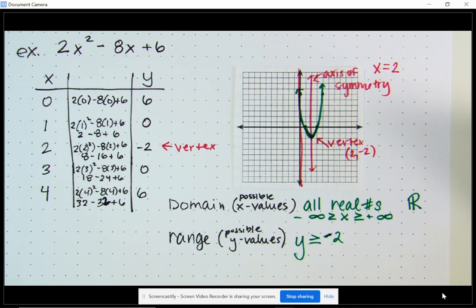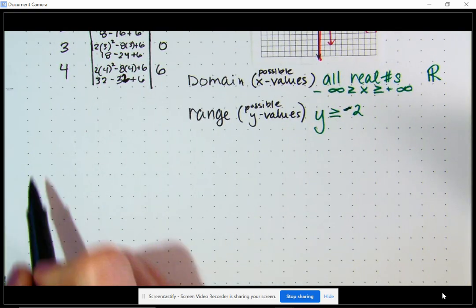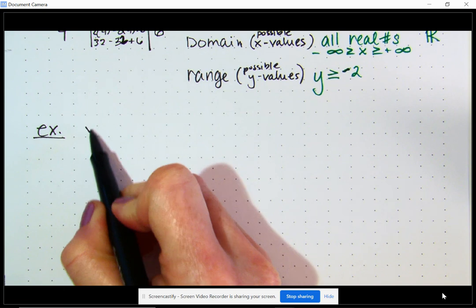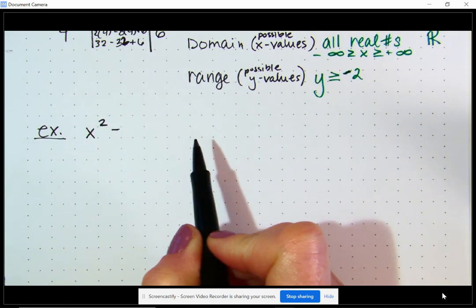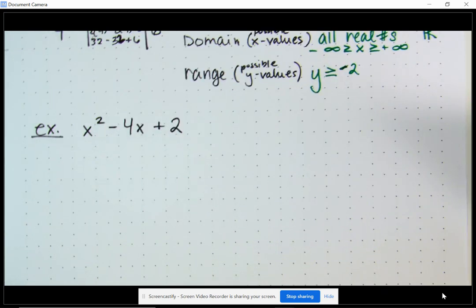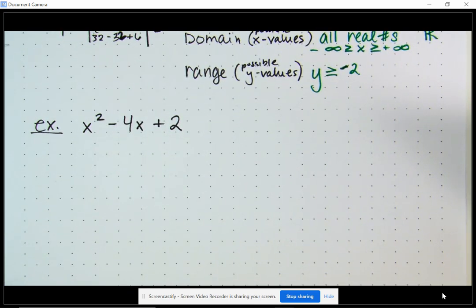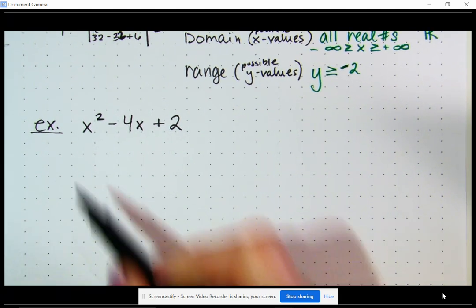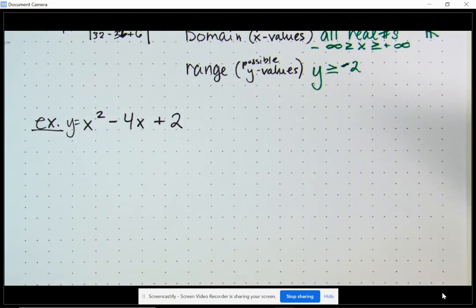Okay, let's try one more example. y equals x squared minus 4x plus 2. Add a little y equals in front.